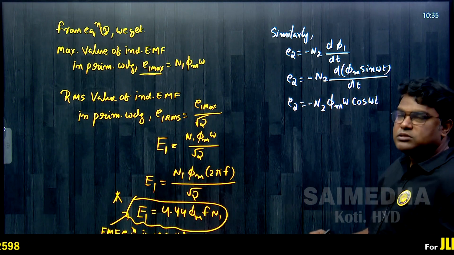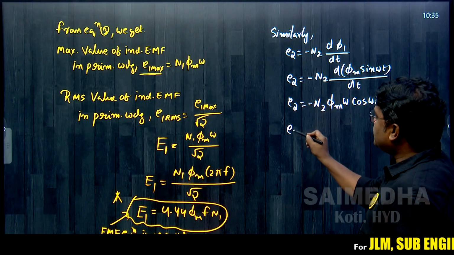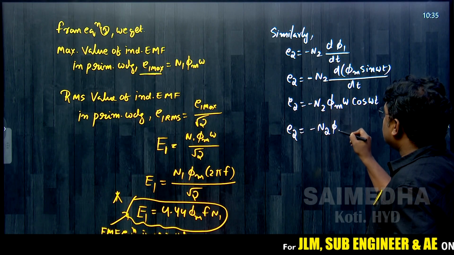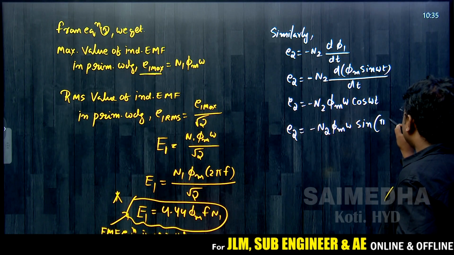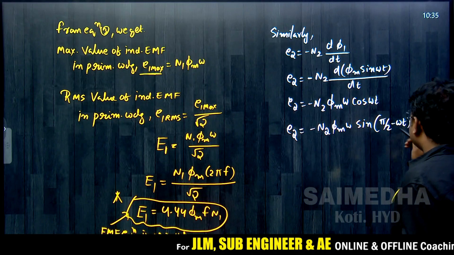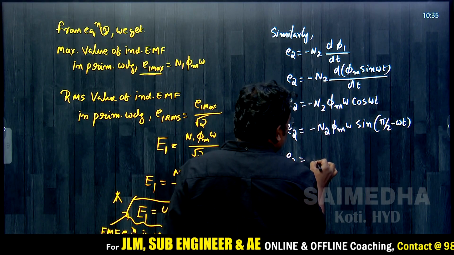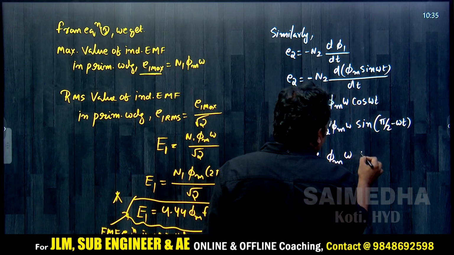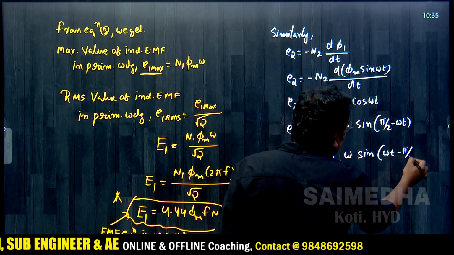We write the cos as sin, same as the previous one: minus N2 phi maximum omega sin(pi by 2 minus omega t). The minus sign is common, so E2 is equal to N2 phi maximum omega sin(omega t minus pi by 2).